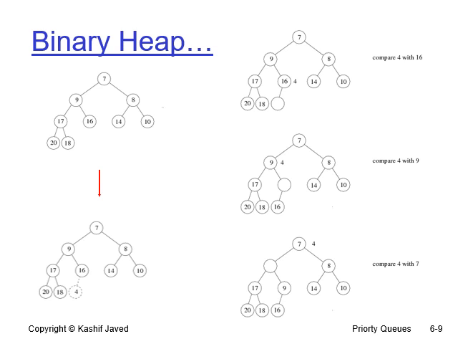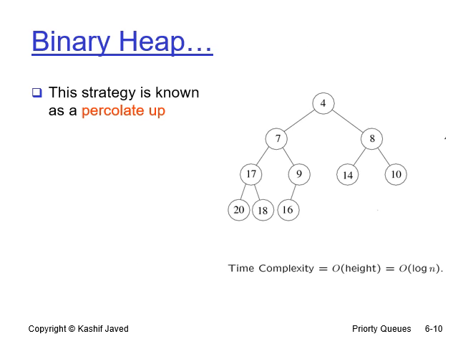Now can I insert 4 into this hole? No. Why? Because when you compare 4 against 7, you see that 4 is smaller than 7. So this is not the correct hole for 4. We need to bring down 7 into the hole, and 4 will become the root.